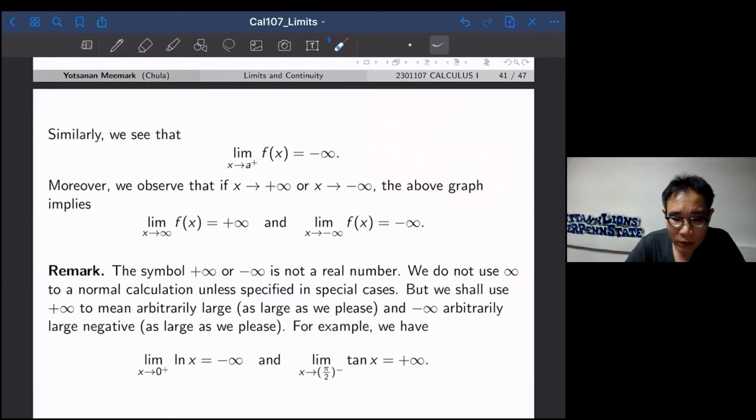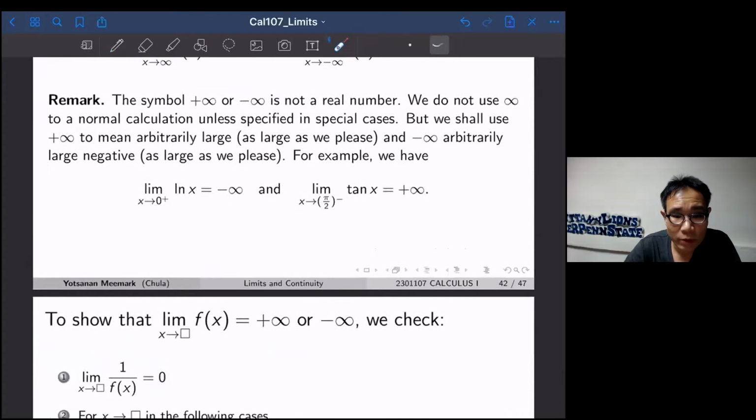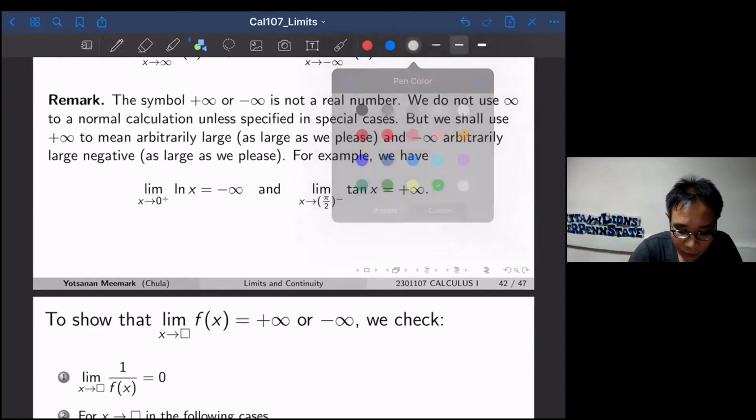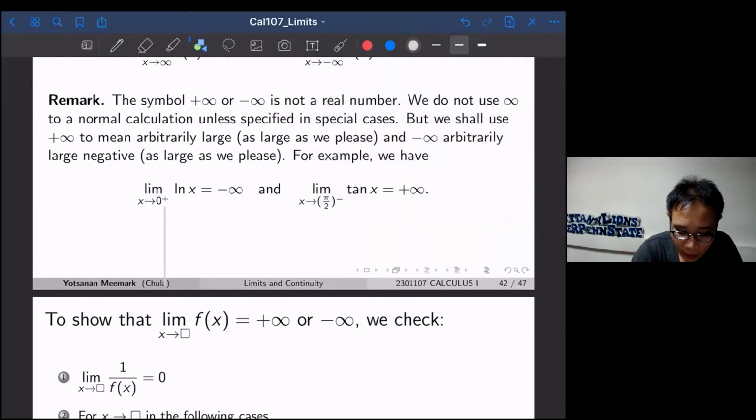Okay, and we have two elementary functions, the log function and the tangent function. If you recall the graph of the log function, it looks like this. This one is y equals log x, with x and y axes.